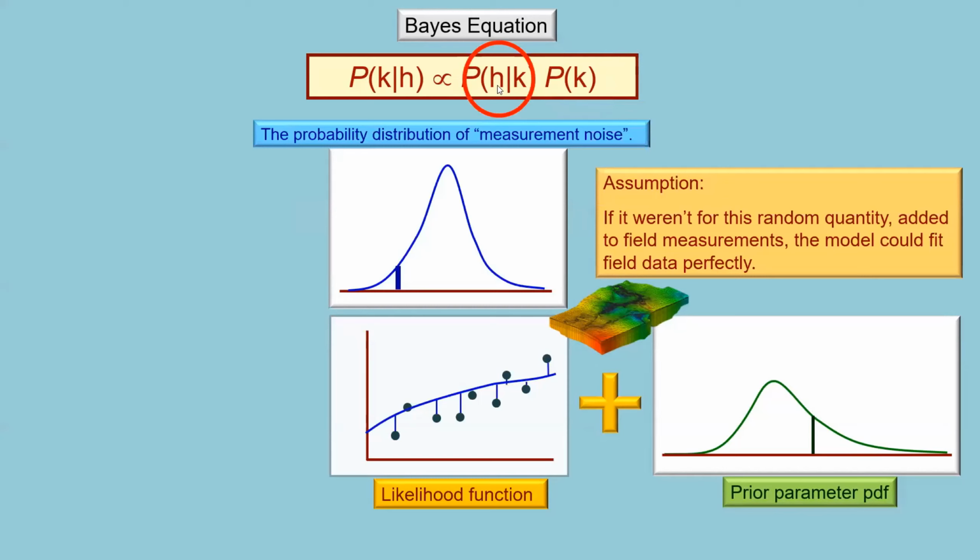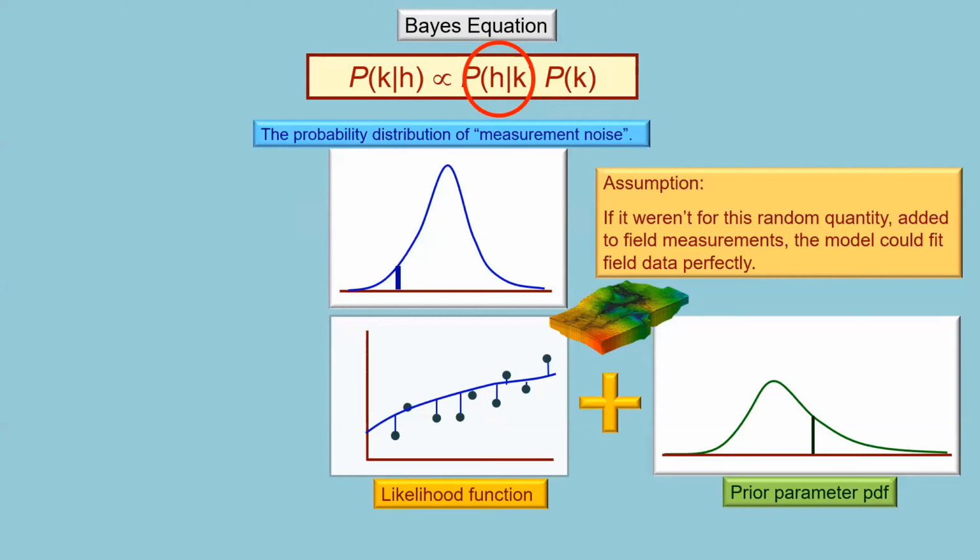And this is where this second probability distribution comes in. Now, we assume that when we make measurements of system state in the field, that those measurements have noise associated with them, measurement noise. Now, we know that measurement noise isn't the only reason that we can't fit field data with a model.